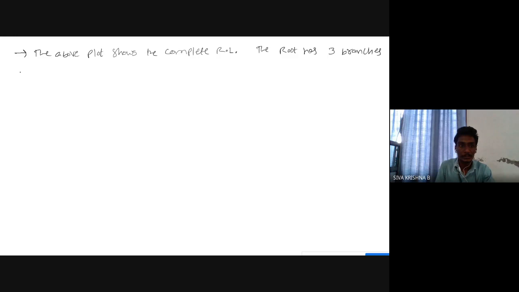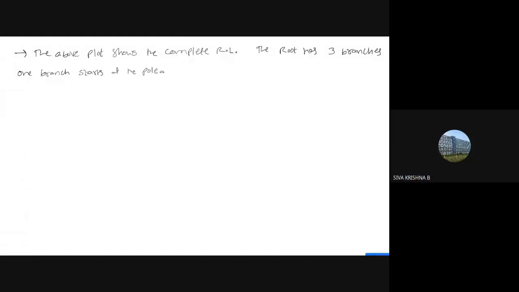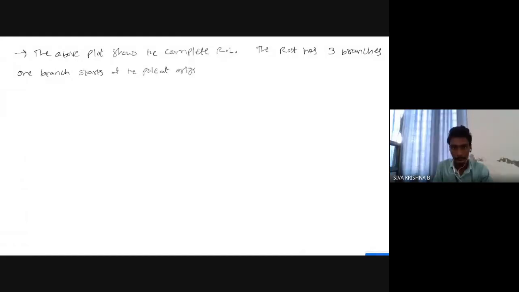One branch starts at the pole at origin and travels through the negative real axis to meet the zero at infinity.